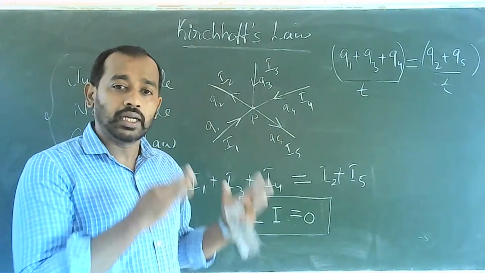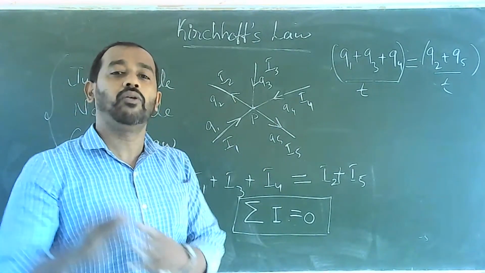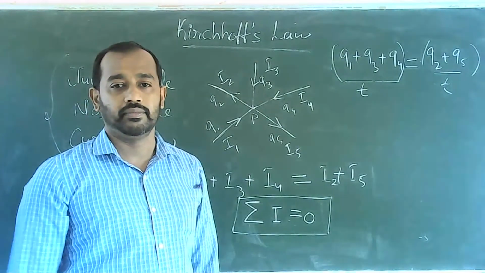So therefore, total current entering the junction should be equal to the total current leaving the junction.